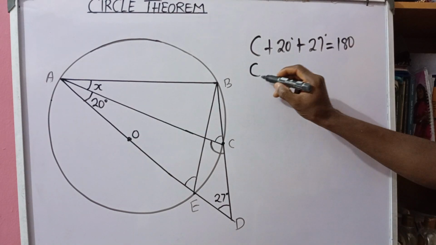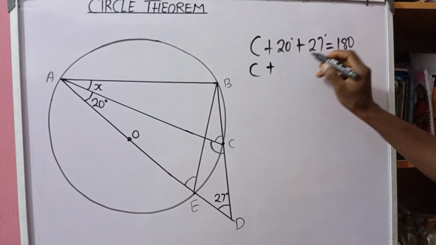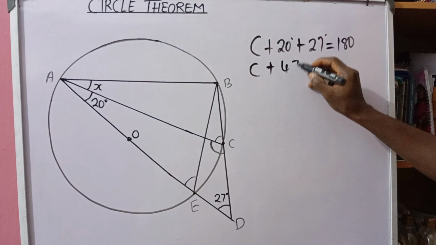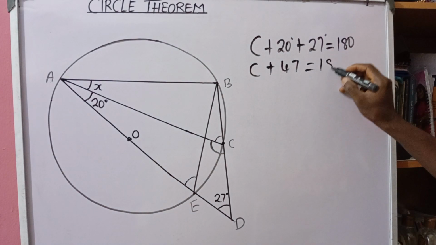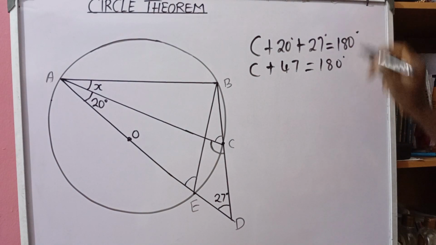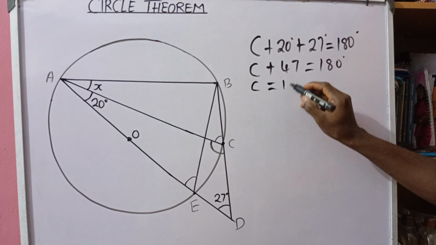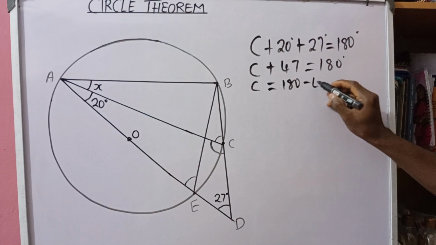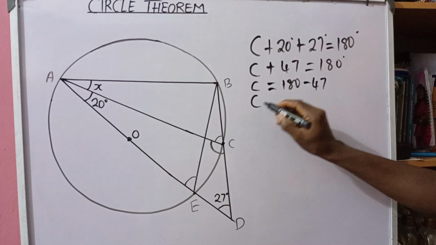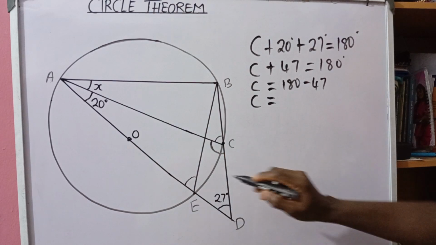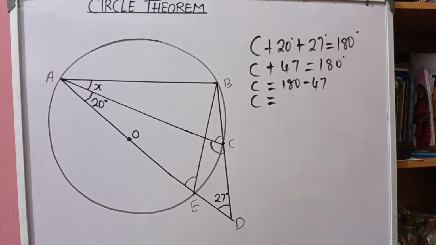Now to go further, we have C plus 47 is equal to 180. So to solve further, we collect like terms. That will now be C is equal to 180 minus 47.